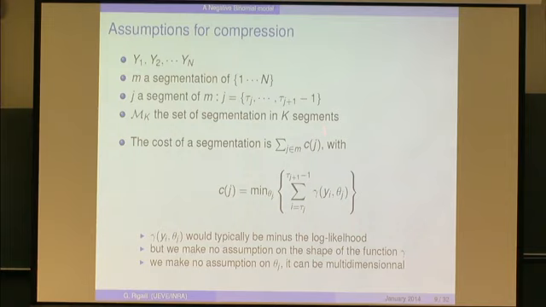Essentially, the way you measure the adequation of your segmentation to the data is a sum over all segments of this segmentation, and the cost of each segment is a minimum over a certain parameter theta j of a sum from tau j to tau j plus 1 of a function gamma, which has two parameters, yi and theta j.